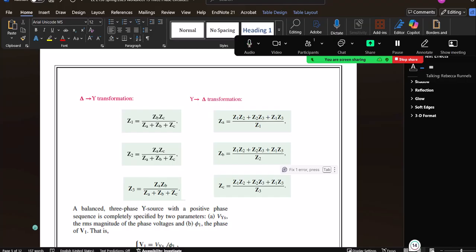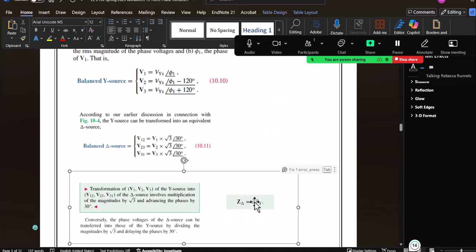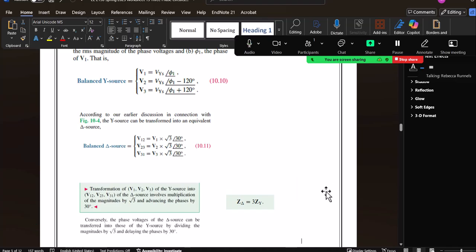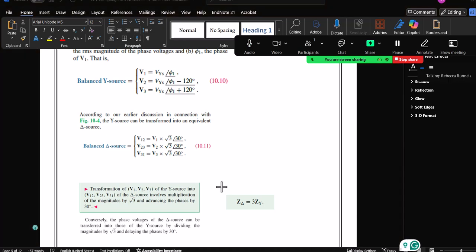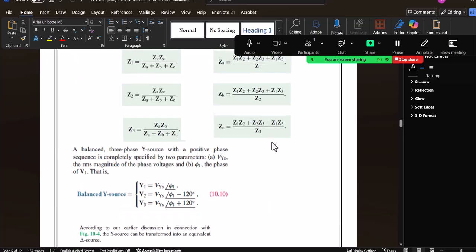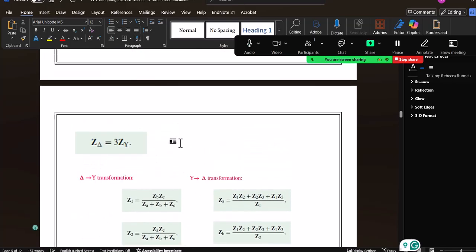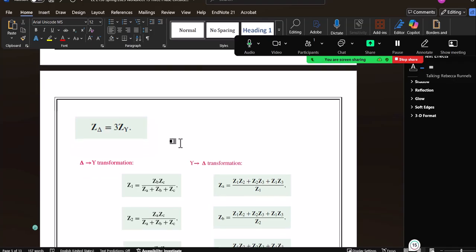And if you notice, if they're balanced, it's actually very easy because everything's the same, and these simplify to Z delta equals 3ZY. And that's if it's balanced. Now, if it's not balanced, you have these formulas.